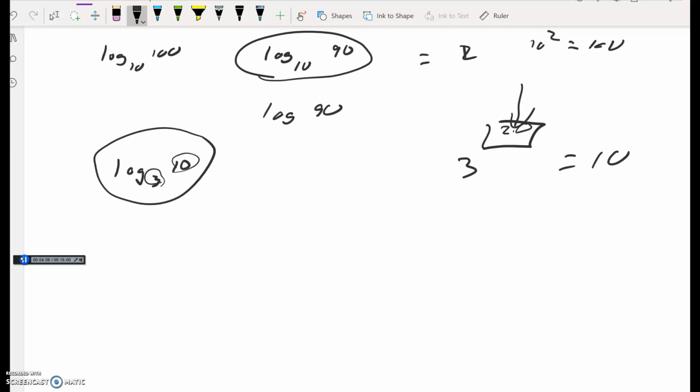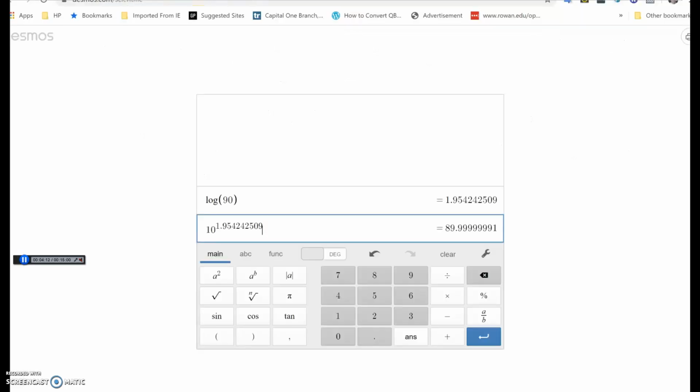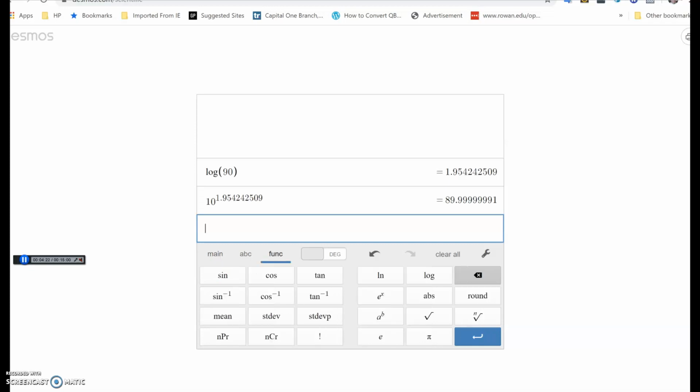So we could sort of idealistically come over here to Desmos, and we could try for another row, and we could try to do the logarithm. So let's go to the functions. Logarithm base 3, but notice there's only 2 kind of logarithms.